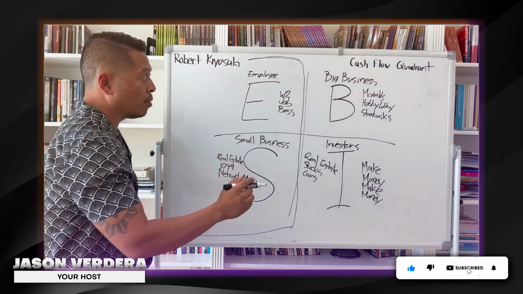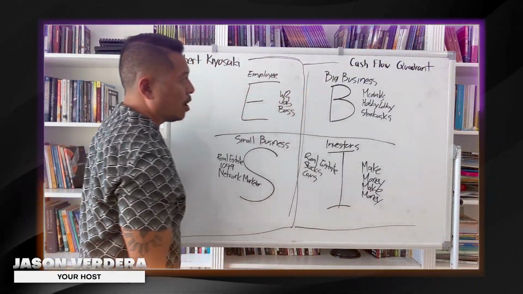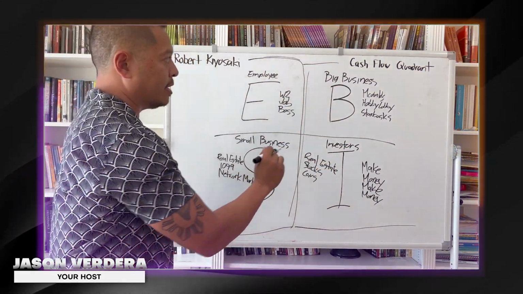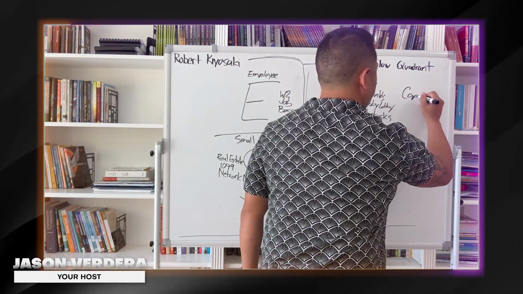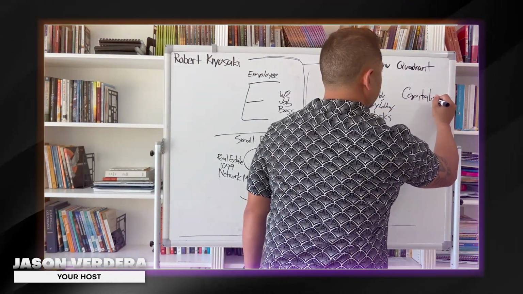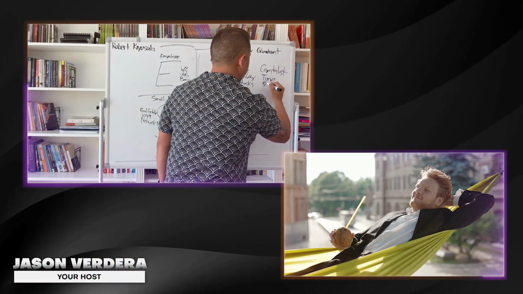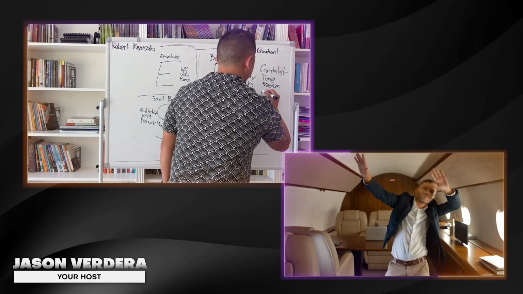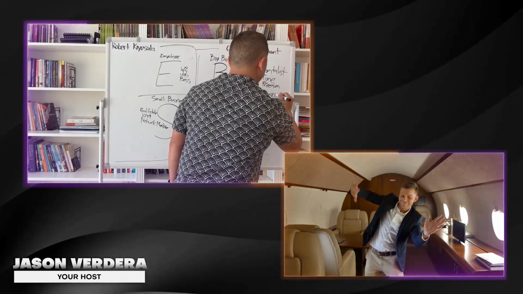The goal, though, is to get on this side of the quadrant. This side is what you would consider capitalists. This side is where time freedom happens, and financial freedom. This is the goal.